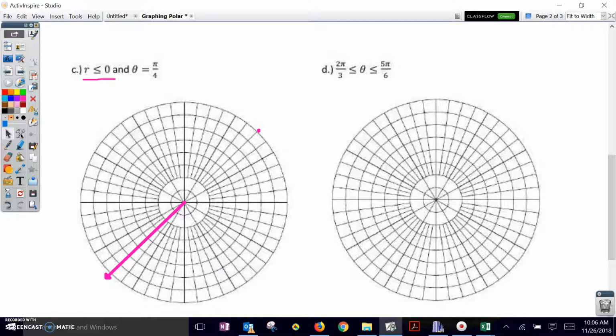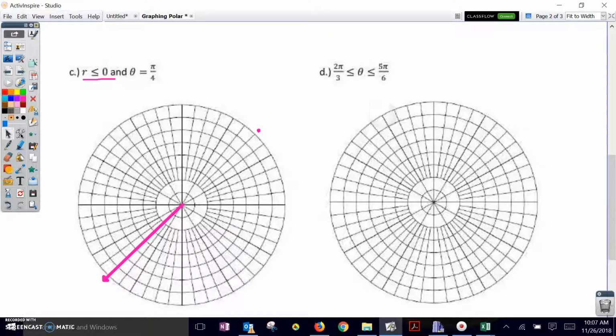And then let's see what else we got. Theta between 2 pi over 3 and 5 pi over 6. There's no restrictions on the radius, so the radius could be positive or negative. 2 pi over 3 is this line here, and 5 pi over 6 is this line here, and so any values between those are going to be part of our graph.